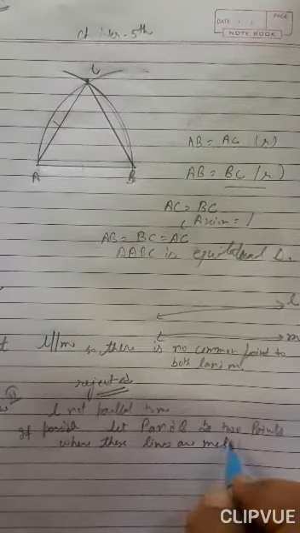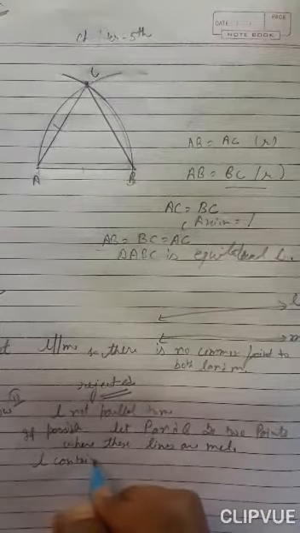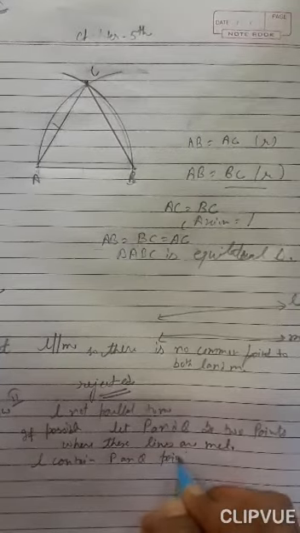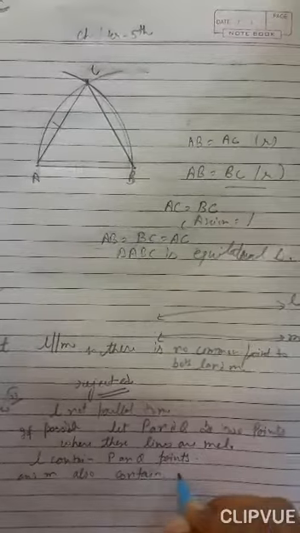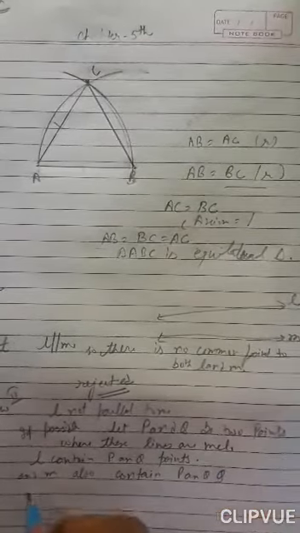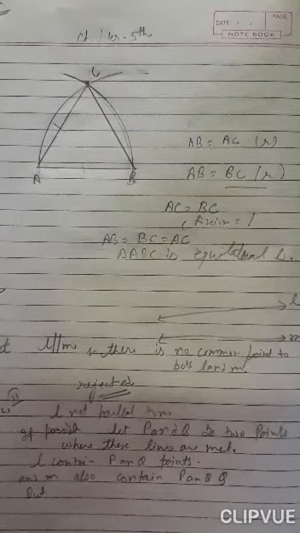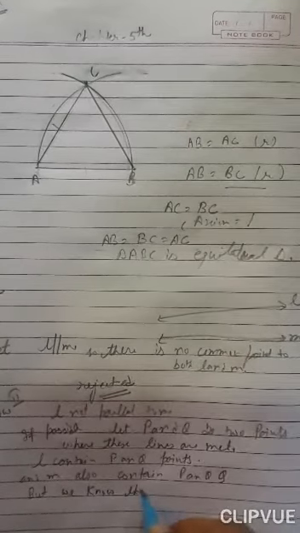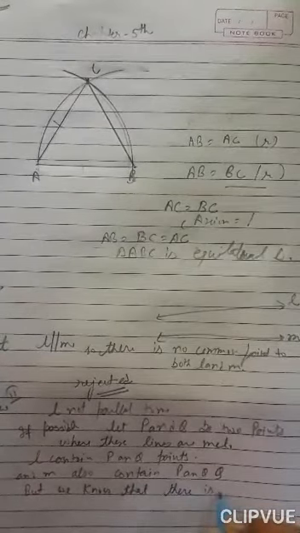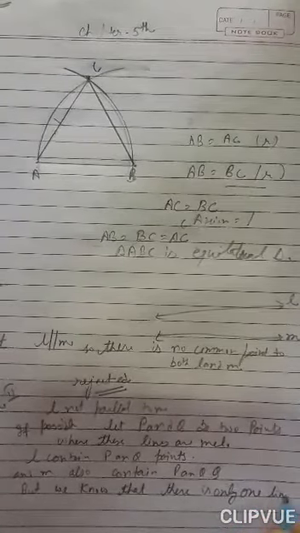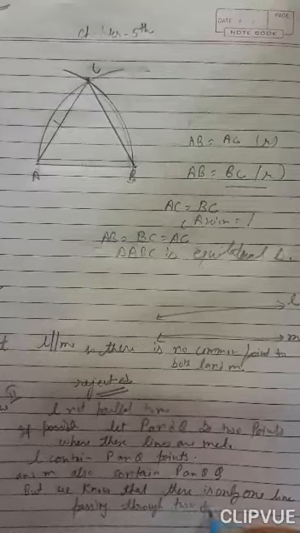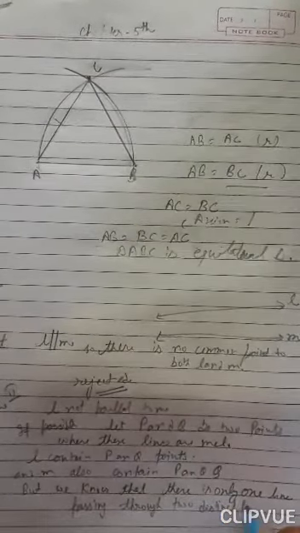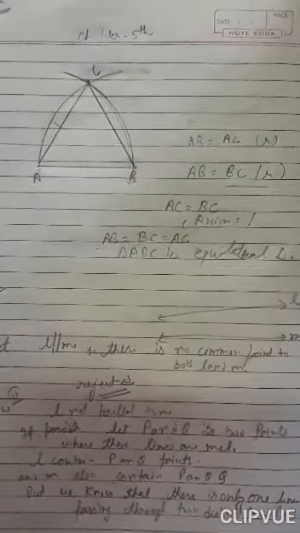ठीक है. So it means L contains points P and Q, and M also contains P and Q. But we know that there is only one line passing through two distinct points P and Q. This we have done also: from two points, one line can pass.